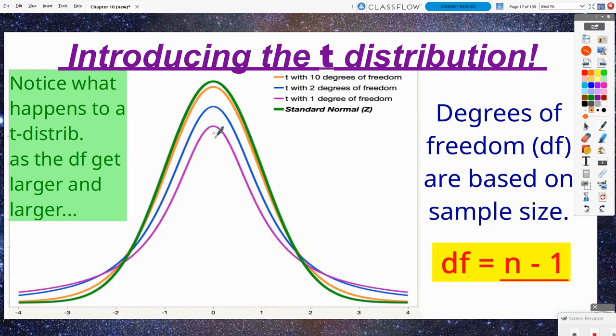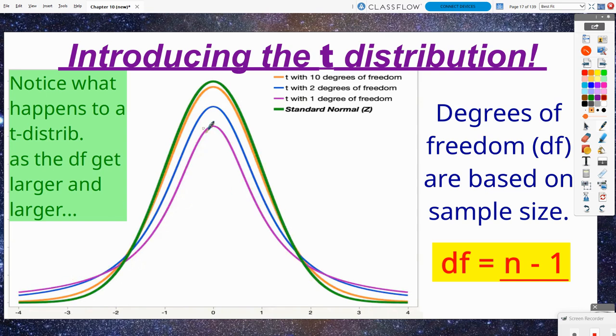So if it's shorter, it's giving up all of this area to a standard normal distribution. But you just said that the area still has to be 1 or 100%. Where is all that extra area going to? Because it's got to get redistributed somewhere. And then take a look at the tail ends. Notice at some point these distributions cross paths on both the left and the right sides.